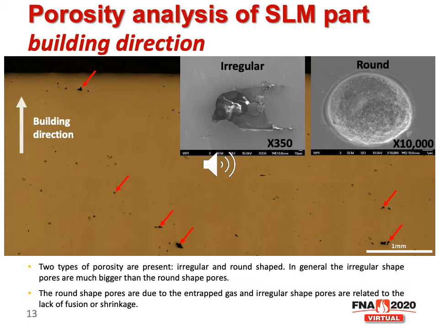The round pores are due to entrapped gas. However, the irregular pores are related to lack of fusion or shrinkage during the selective laser melting process. In the SEM micrograph of an irregular pore, you can see there is some unmelted powder.